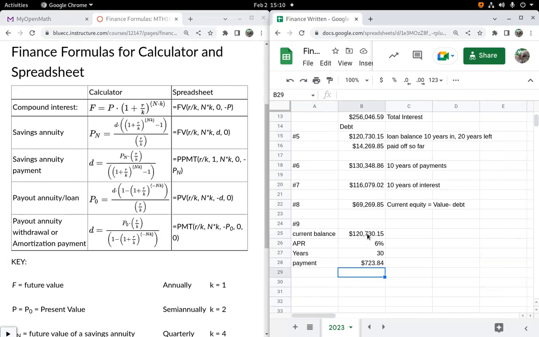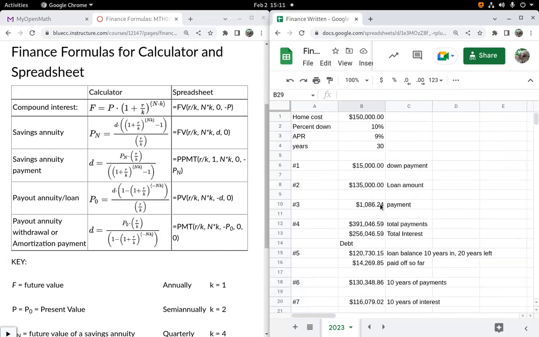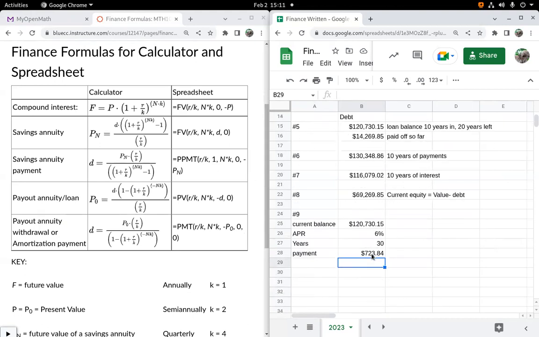Now, just something to keep in mind, thinking ahead, is I currently have 20 years to go at $1,000, to pay that off, 1,086. If I extend it out another 10 years, so 30 years from now versus 20 years from now, I'm going to have a lower payment. So that payment's lower for two reasons. Well, let's see, I guess it's just lower for one reason.